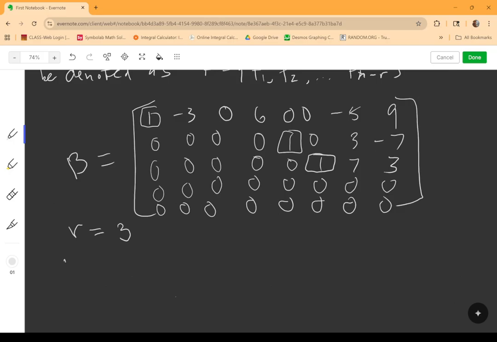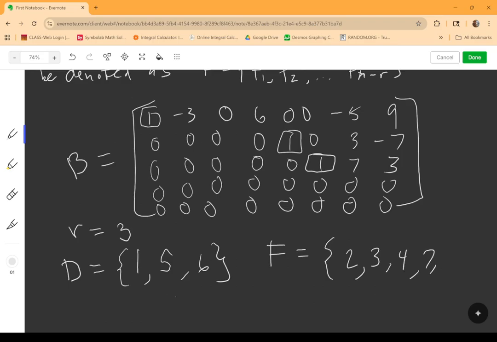The set D refers to which column I am in. So this is column 1, column 5, and column 6. Now my set F is going to be the other columns. If they're not pivot columns, then they belong in the set F, and that is columns 2, 3, 4, 7, and 8.